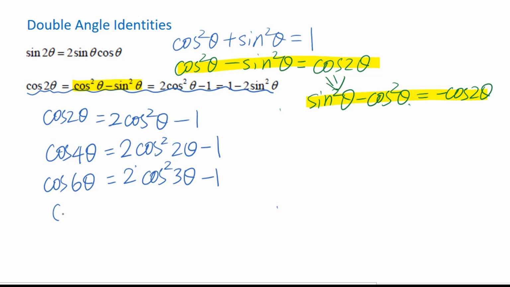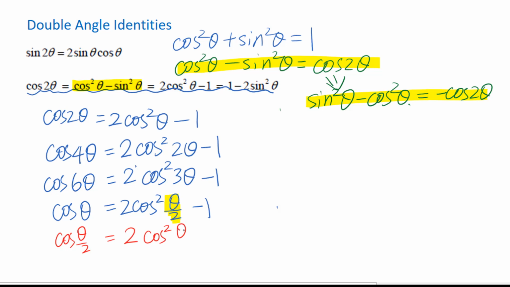And what if you have cosine theta? You will get 2 cosine square theta over 2 minus 1. Just double this angle. So keep going. Cosine theta over 2 equals 2 cosine square theta over 4 minus 1.